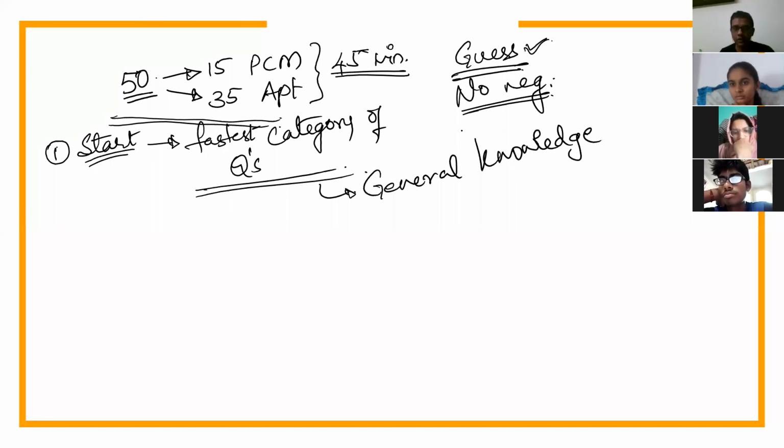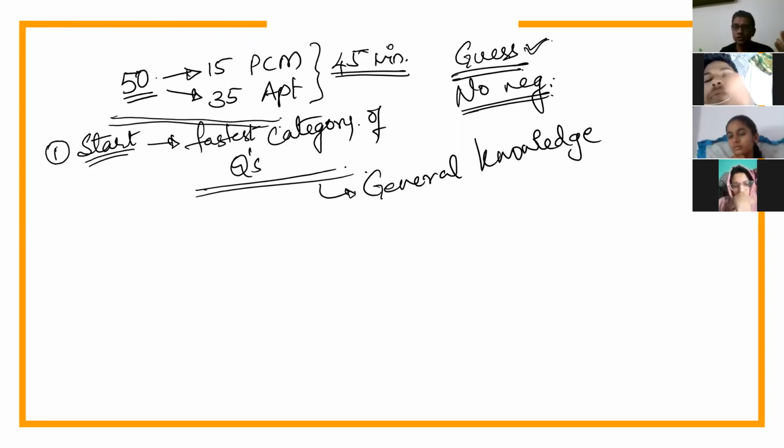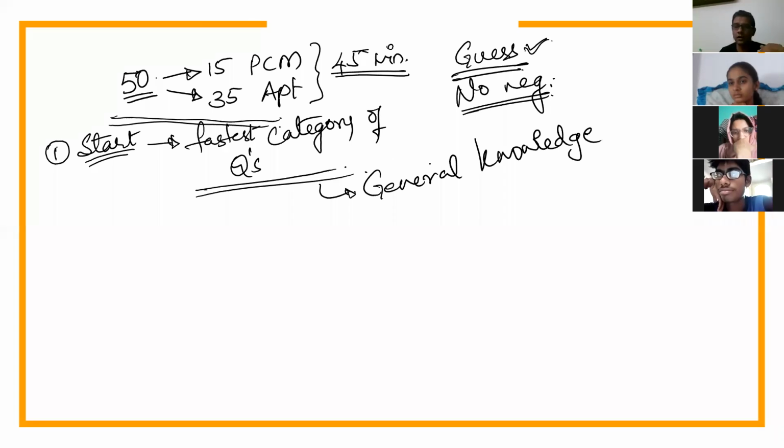Why? Because either I know the answer or I do not know the answer. Unlike math, unlike physics, unlike chemistry, unlike English, I do not have to go back to my old schools, figure out what I have learned over the period of time and try to see whether I can incorporate that knowledge onto the given question. General knowledge is very straightforward. Who's the governor of RBI? Either you know or you do not know.